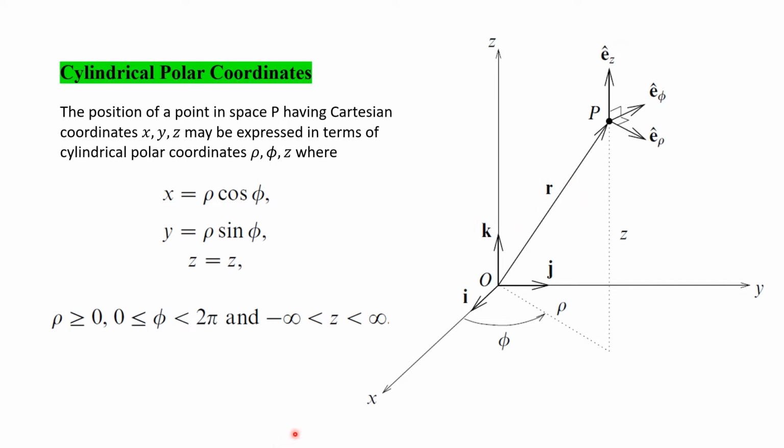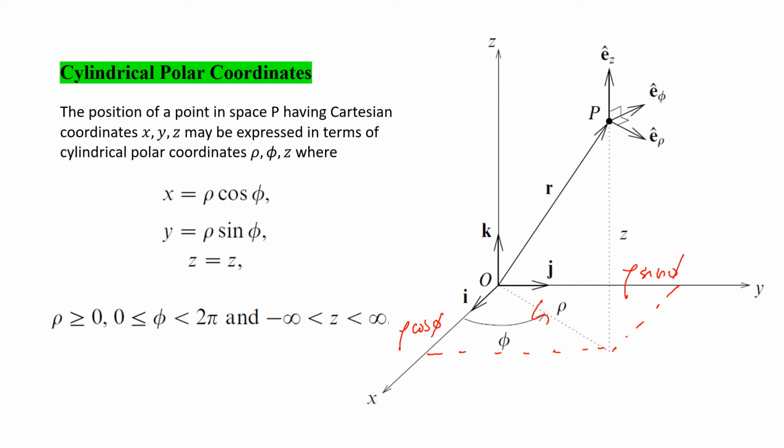If you want to express your cylindrical polar coordinates in terms of x, y, z, let's project your rho onto the x-axis, and then onto the y-axis. So the x component is equal to rho cosine phi, with phi as the angle and rho as the hypotenuse, and then for y you have rho sine phi.